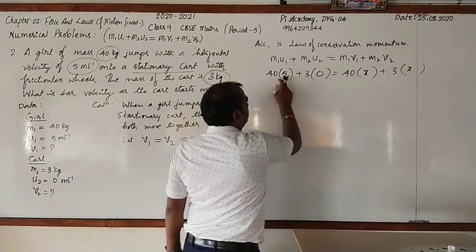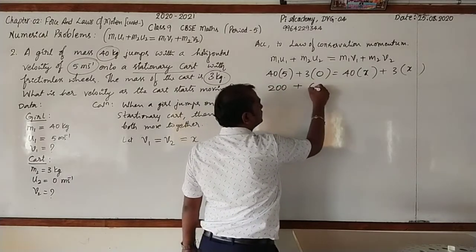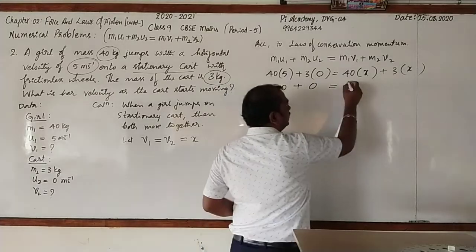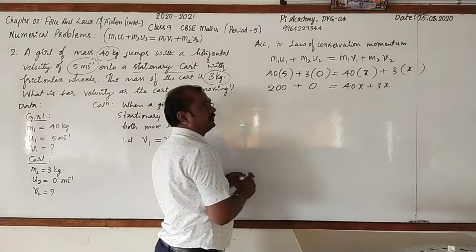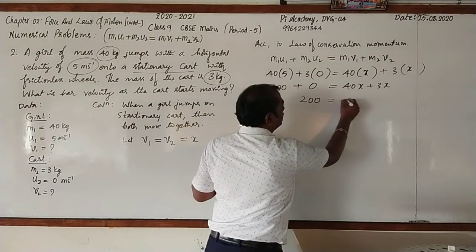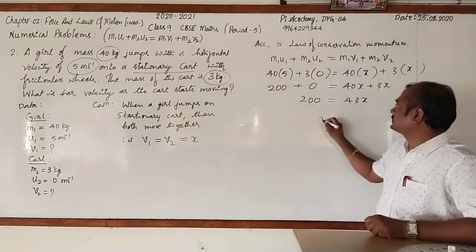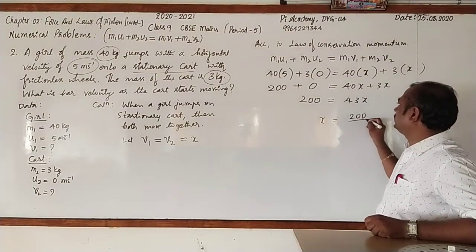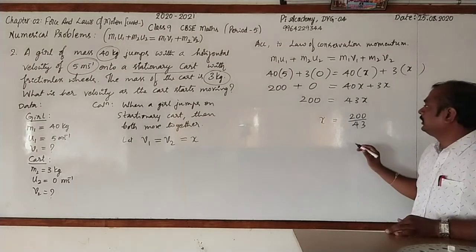Now this is 40 into 5. It is 200 plus 3 zeros are 0. 40 into X, 40X. 3 into X, 3X. Then this is 200 is equal to 43X. Then X is equal to 200 divided by 43, right?